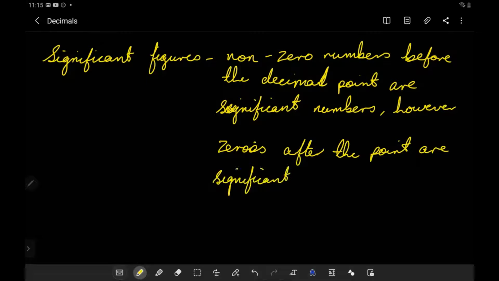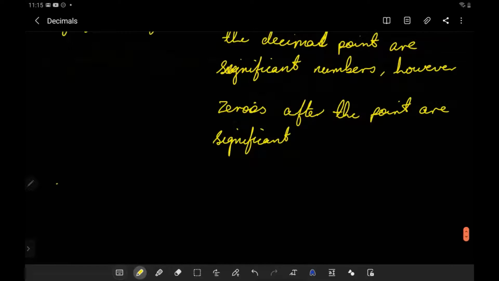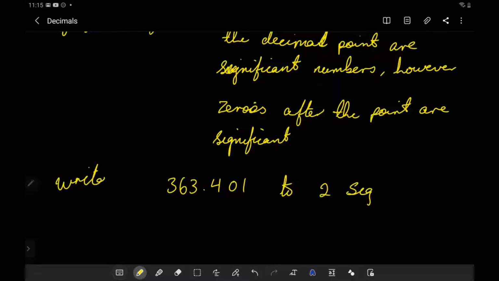Right? So for example, let's use big numbers, 363.401. People just write significant figures as sig fig, that's a shorthand notation.